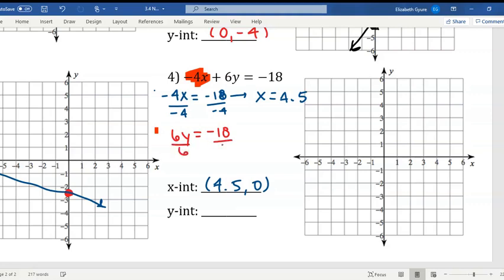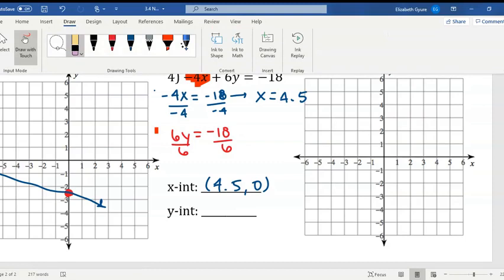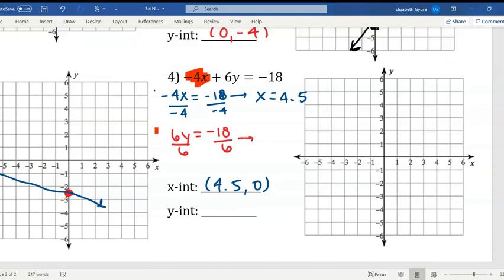Divide by 6, and you get negative 3, because a negative divided by a positive is a negative. How do I write this as a coordinate point? 0, negative 3.